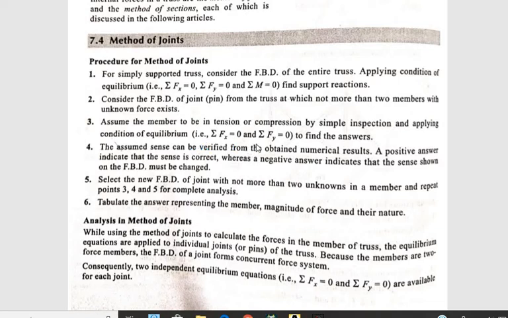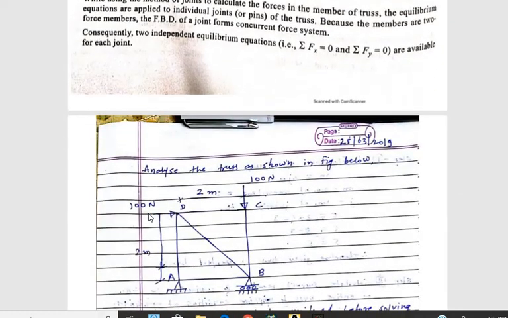This will become clearer when we solve the numerical. Then select the next FBD of a joint with not more than 2 unknown members, and repeat points number 3, 4 and 5 for the complete analysis. So this is about the method of joints. The method of sections we will discuss later.